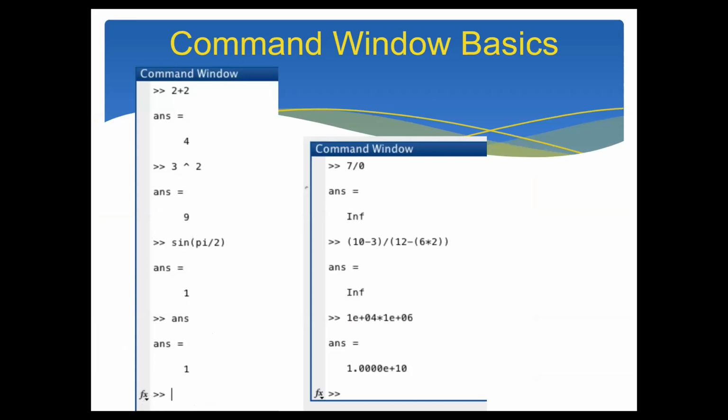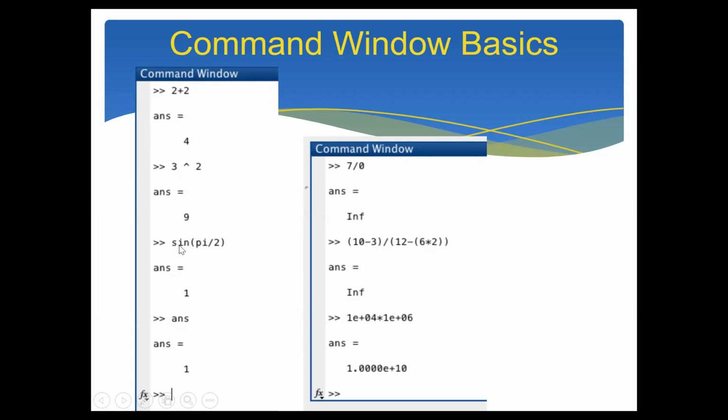Okay, so now we start from the command window. If you have Matlab open, you can click into the command window and try to type the things I show here. For example, 2 plus 2. And this one, 3 with the upper triangle 2, which is 3 to the power of 2.